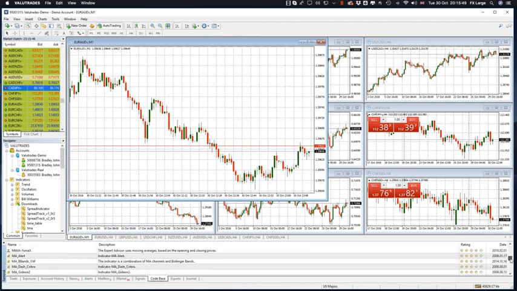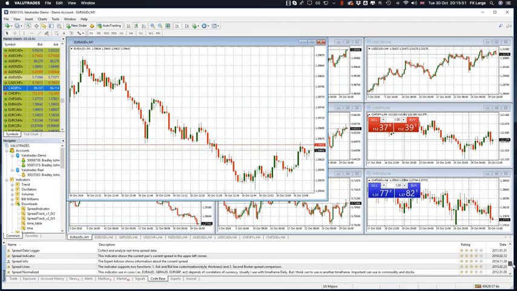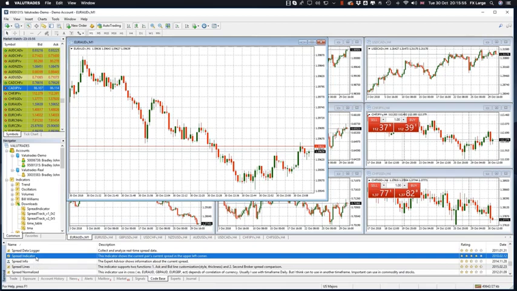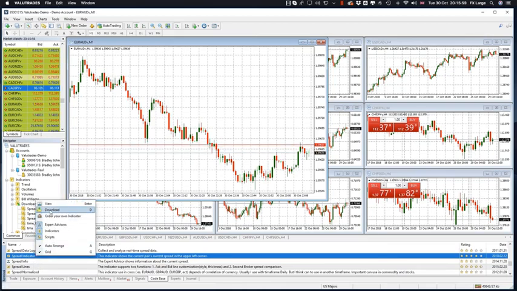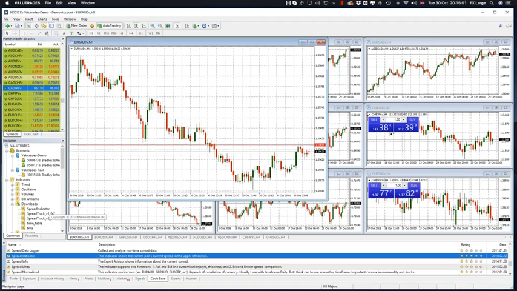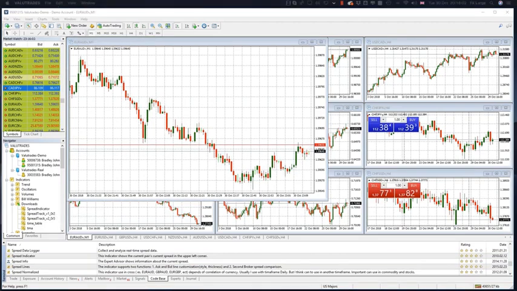Then I scroll down to S, spread indicator. You can right click and click download. And it will appear here. So basically it appears in your downloads folder under indicators in your Navigator.